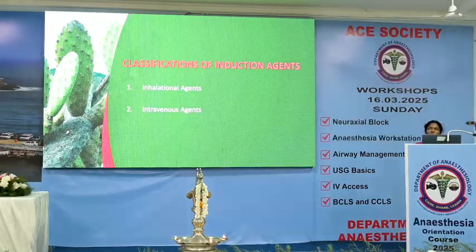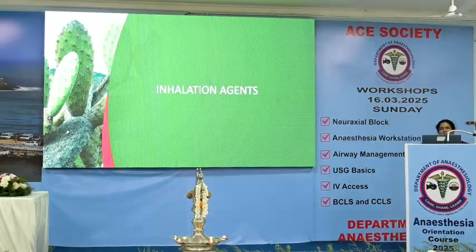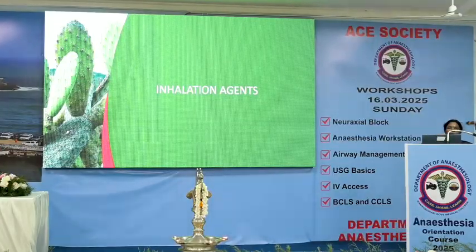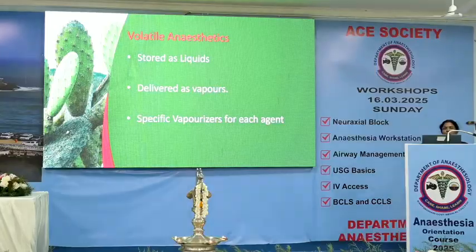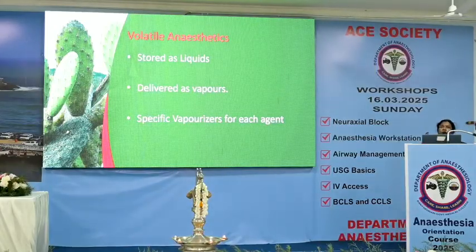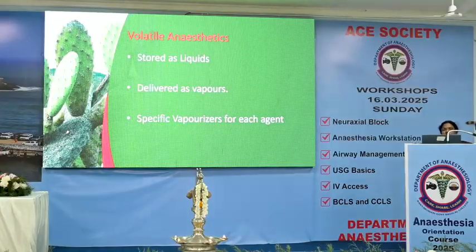Coming to the classification of induction agents, they are classified into inhalation agents and intravenous agents. The first one is inhalation agents. Thanks to Pankaj Kundra sir, who has already clearly explained the physiology of inhalation anesthesia. Inhalation or volatile anesthetics are the agents used to induce anesthesia by the inhalation method.